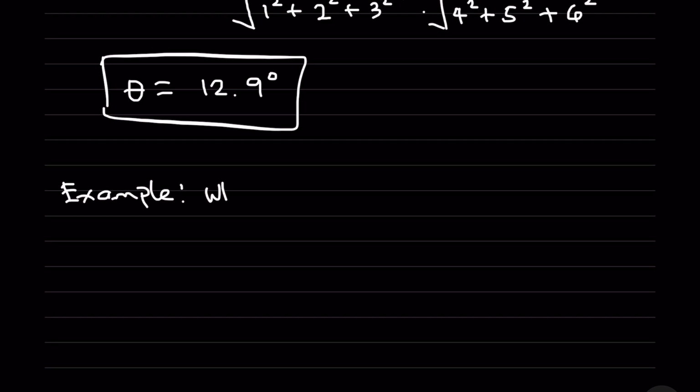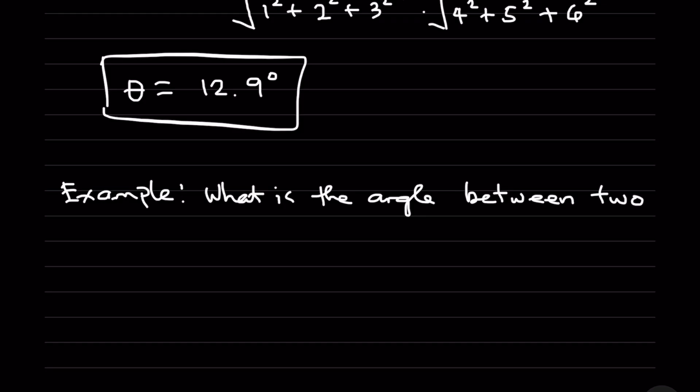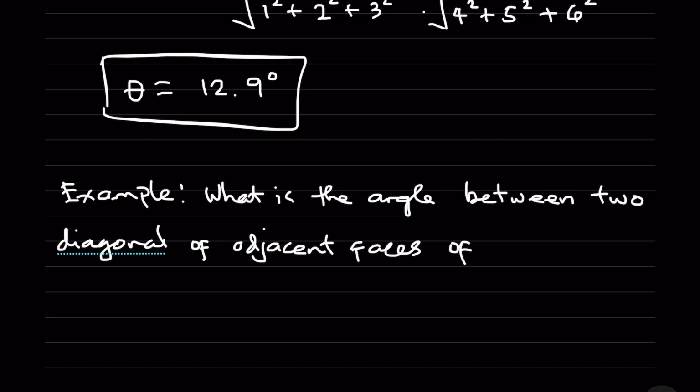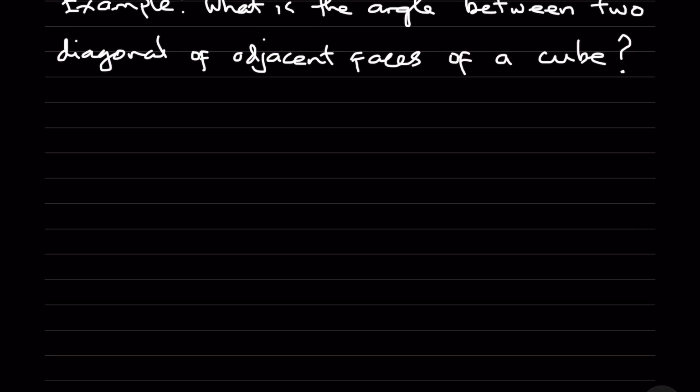The next example that I will show you is an important application of scalar product. There's a relatively difficult problem in mathematics or in physics that is shown by this example. What is the angle between two diagonals of adjacent faces of a cube?